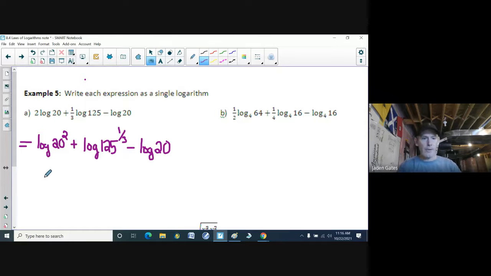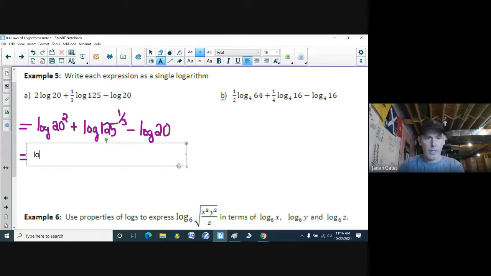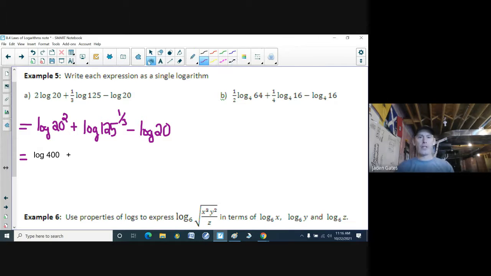Okay, simplifying this now, we have the log of 20 squared. 20 squared is 20 times 20, which is 400. Plus, 125 to the 1/3. Now, this is something I covered in grade 11. 125 to the 1/3 means you take the root of 125, and there's a little 3 here.